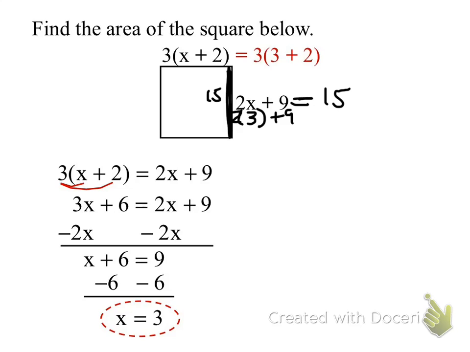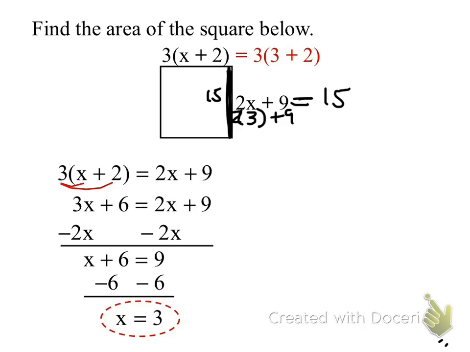How do I find area for a square? What's the formula? Josh? Or for a square in particular, Alasia? You have to multiply. What's the formula for a square's area? Michaela?